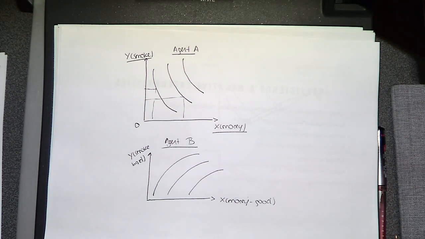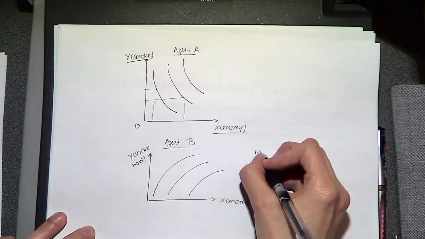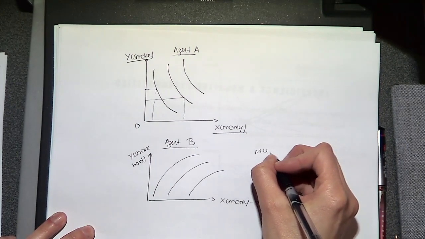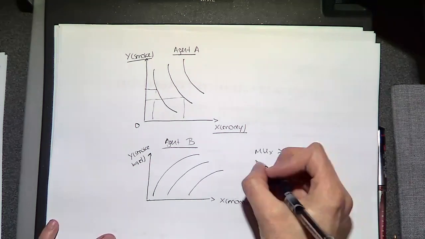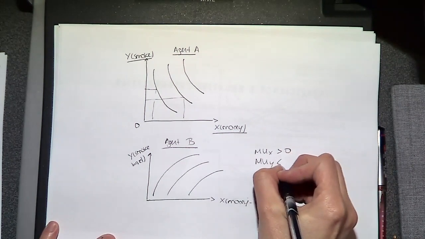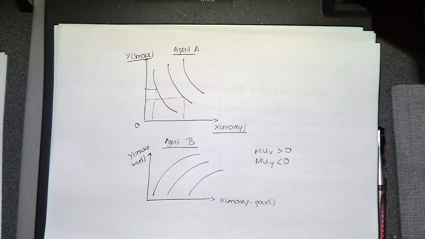In this case, the marginal utility of consuming X is positive. So he increases utility from consuming good X because it's a good. But the marginal utility of consuming good Y is negative. So he has this disutility from consuming good Y. However, the consumption of this good is going to be involuntary.